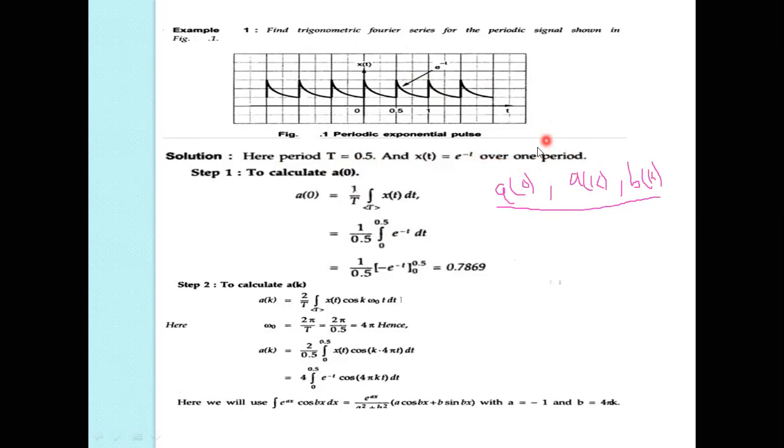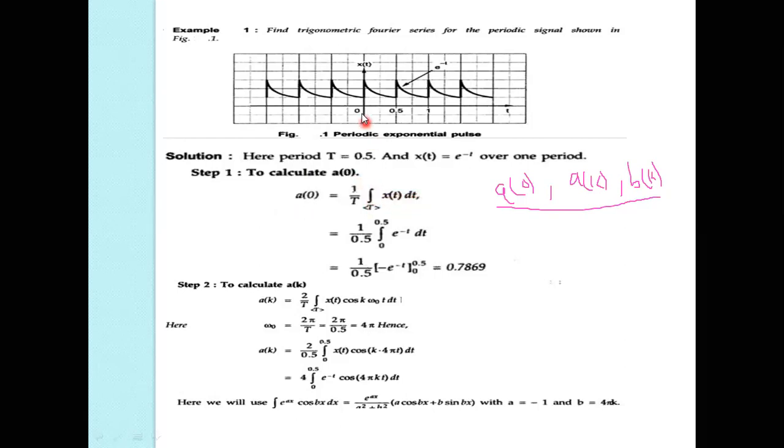See, what is the formula for A of 0? We already derived the formulas of the trigonometric Fourier series: A of 0, A of k, B of k. For A of 0, the formula is 1 by T times the integral over one period of x of t dt.